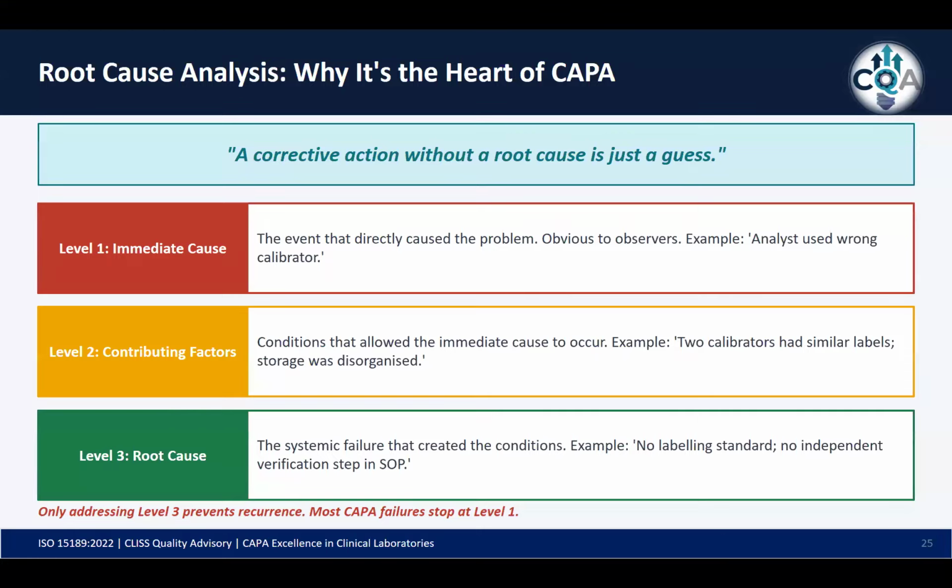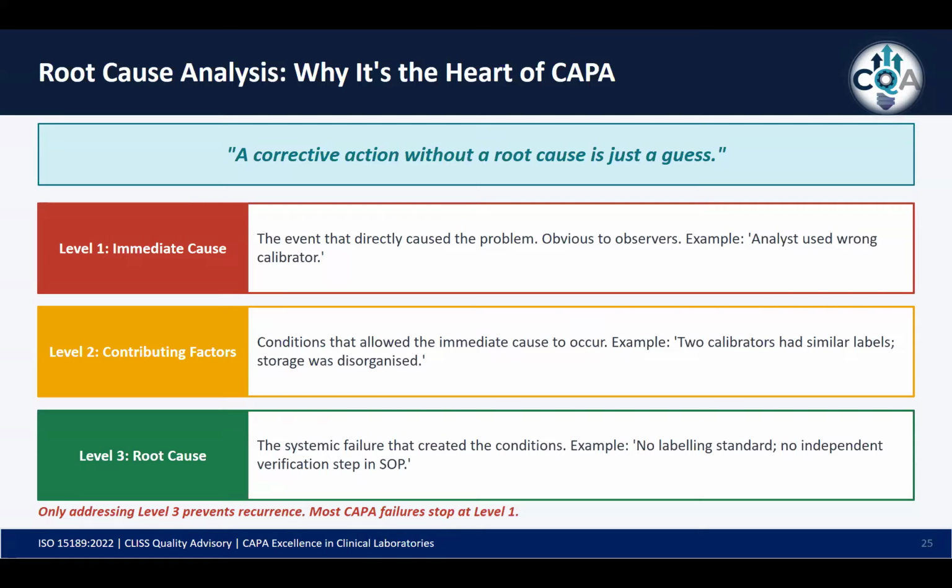We are scientists. So there are different levels. The first level is immediate action to contain the non-conformity. For instance, an analyst that used the wrong calibrator. It's obvious. We came in, there was a problem, and we realized the analyst, a student maybe, used the wrong calibrator. It sounds obvious, not until you go to level 2 and try to understand the contributing factors.